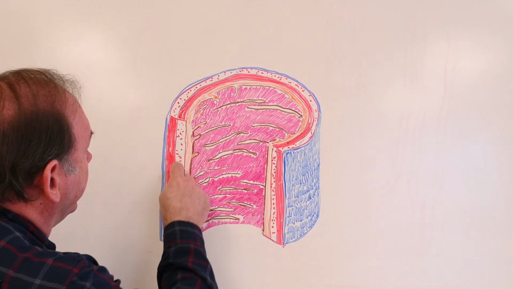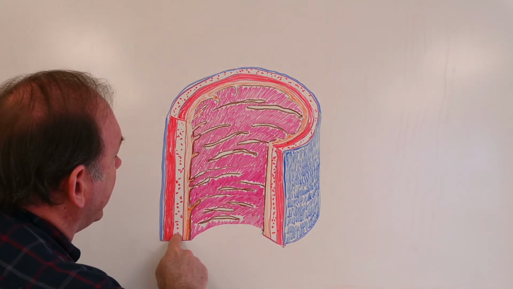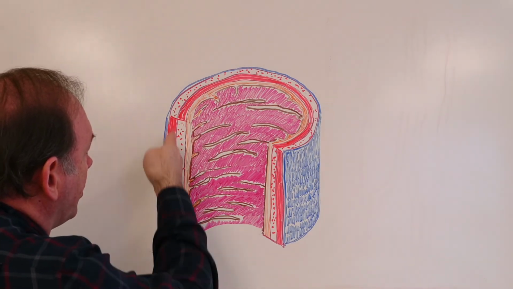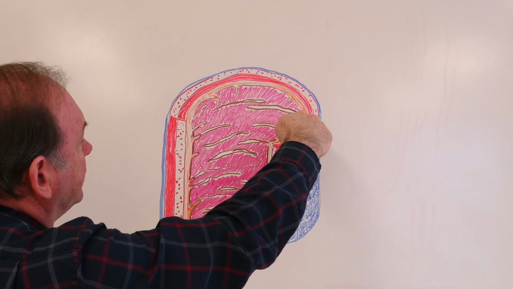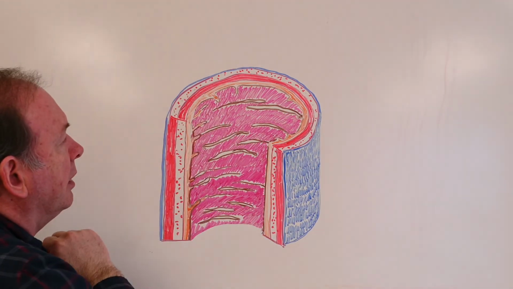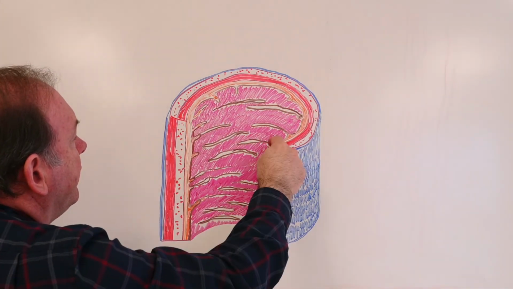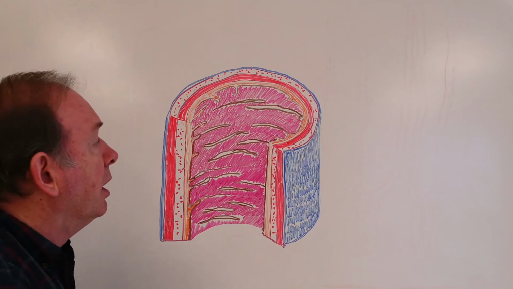Here I've stippled the circular muscle on the inner layer, and the longitudinal muscle going up and down is solid here. Where we've cut through it going the opposite direction, I've stippled the ends of your cells in your longitudinal muscle, and you see the long section, the solid, of the inner circular muscle layer.